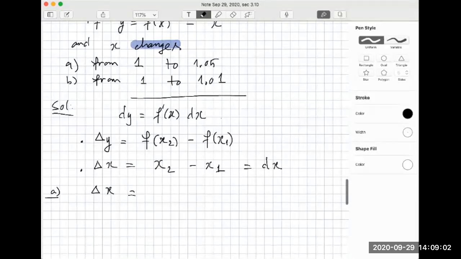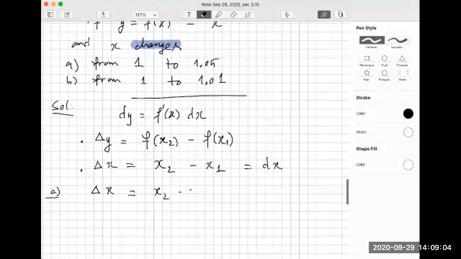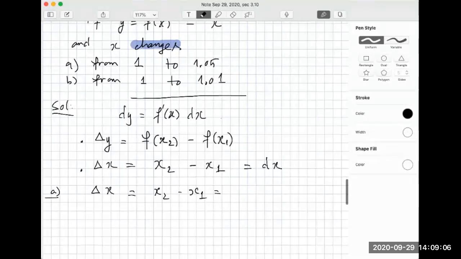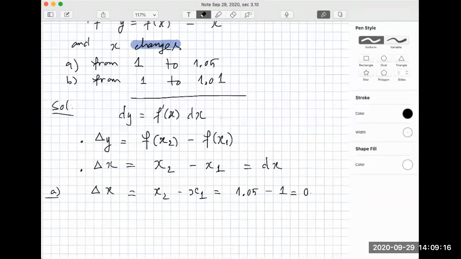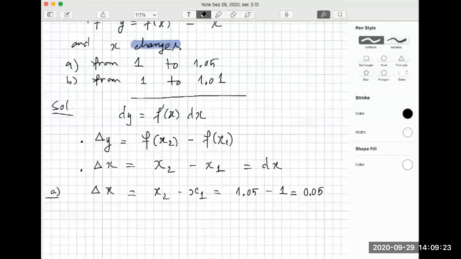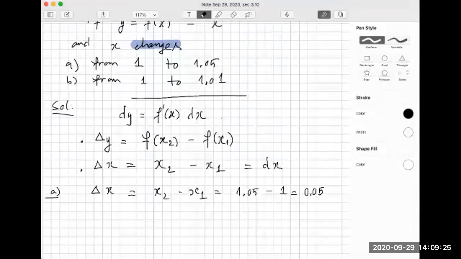Delta x will be x2 minus x1, which is 1.05 minus 1. And what is it? 0.05. Yes, very good. Thank you. So what should we do next?